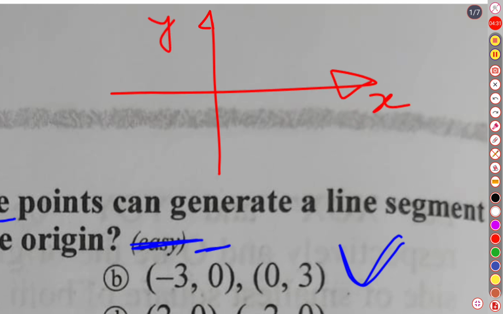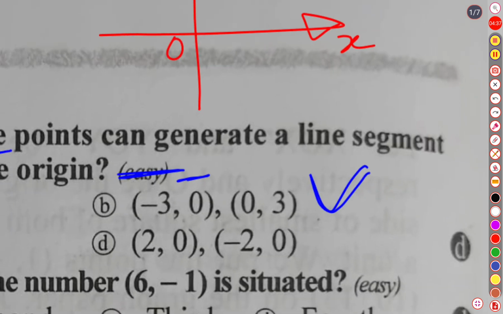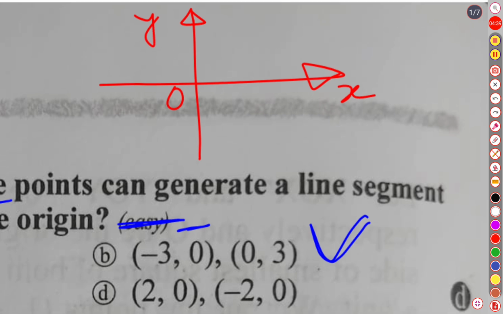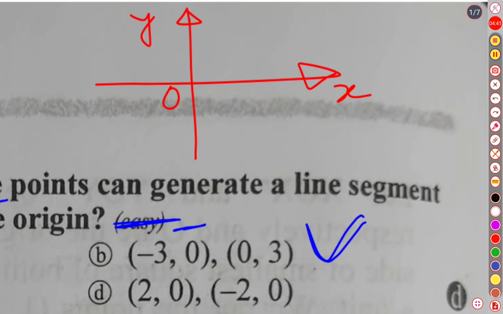Okay, so here is the origin, and we have already seen that our coordinates are (-2, 0) and (0, 2). So (2, 0), it is 2 and 0. Another coordinate is (0, 2). It will fall on the y-axis, 0 as well as 2.